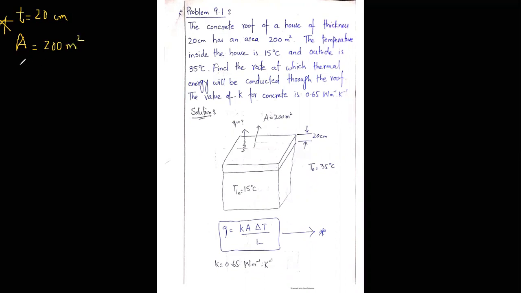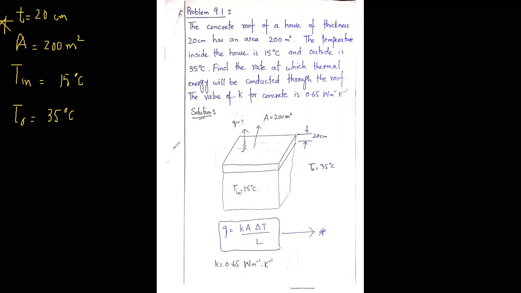The temperature inside, T in, is 15 degrees Celsius, and T out is 35 degrees Celsius. Find the rate of heat transfer conducted through the roof.